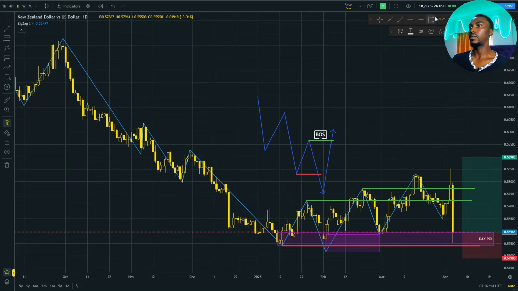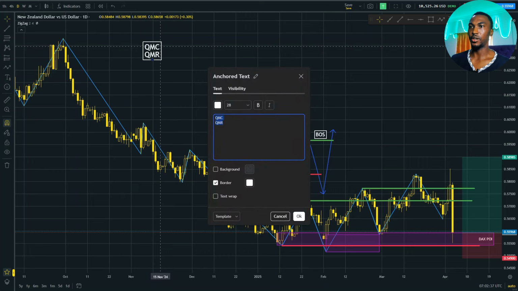Now, for QMC, I'm putting it here. There's QMC, there's also QMR. Both of them are Quasimodo techniques, but one is continuation, the other is reversal.